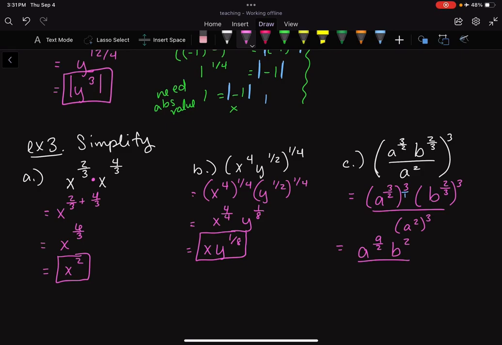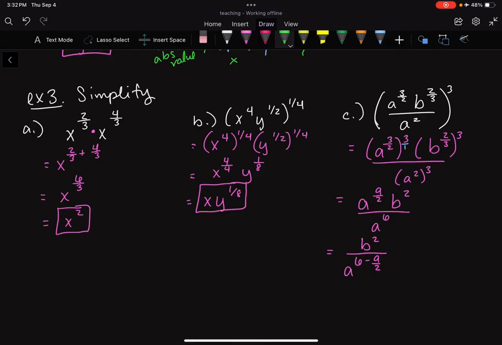And then at the bottom, I get a to the 6th. Now I can simplify this further because I have 2 of the same base. We can decide if we want to do 6 minus 9 over 2, or if we want to do 9 over 2 minus 6. I know that 6 is bigger, so I'm going to do that one first. 6 minus 9 over 2. b squared is going to be left up here.